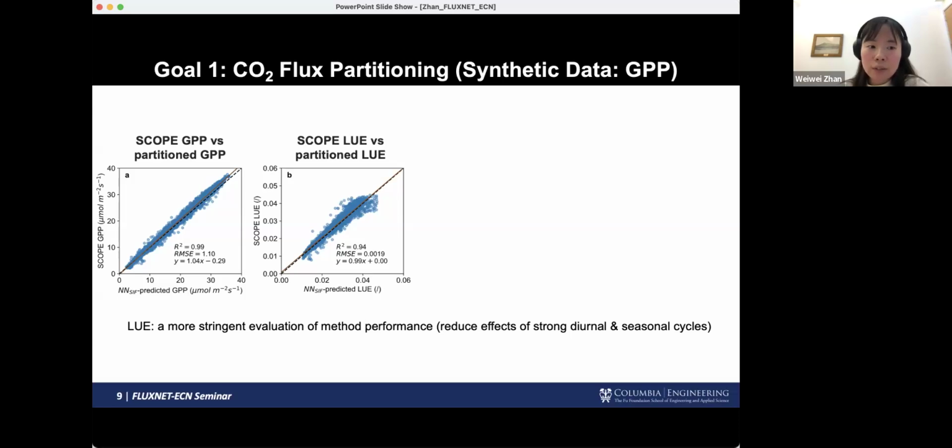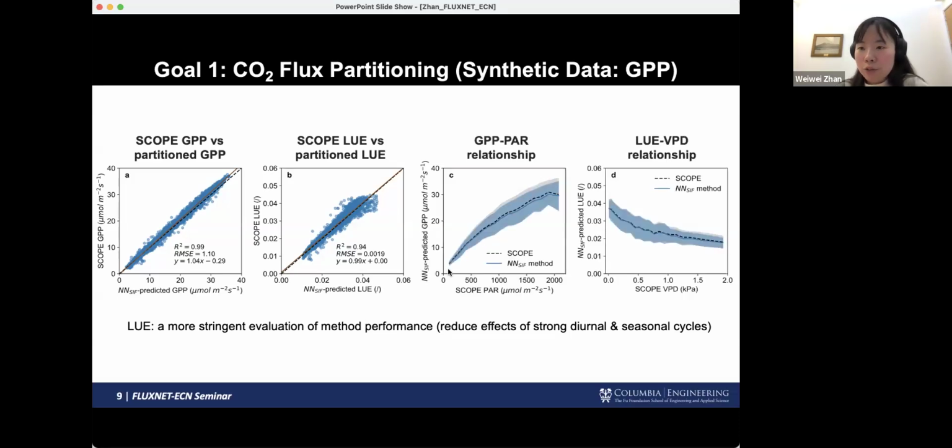It shows a high agreement with a high R square, but we think the high R square of GPP is not sufficient to prove the model performance because the R square can indeed be driven by the strong diurnal cycle and also seasonal cycle of radiation. So we normalize GPP by the radiation to get the light use efficiency, and we also find good agreement between the reference SCOPE value and our partitioning results.